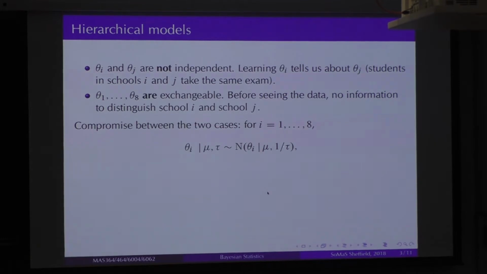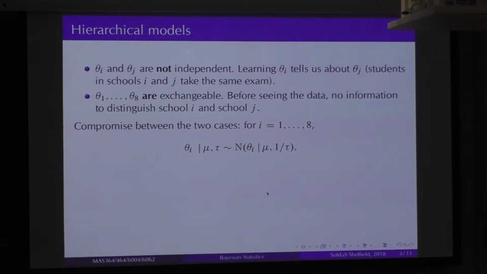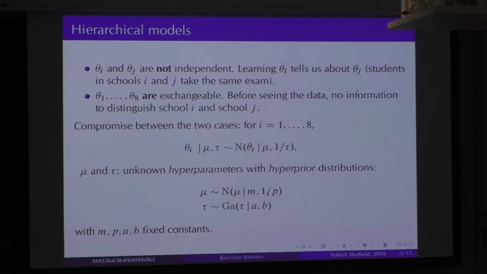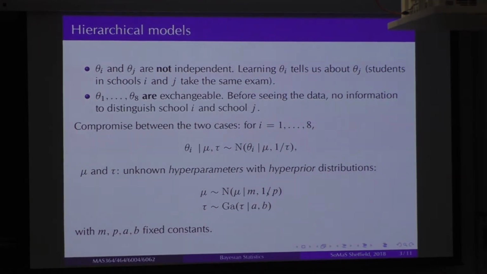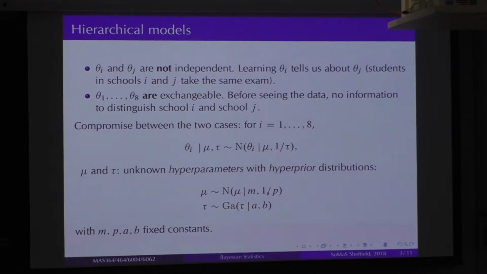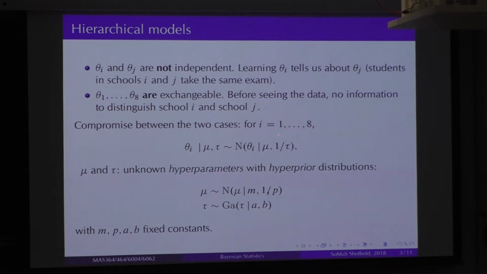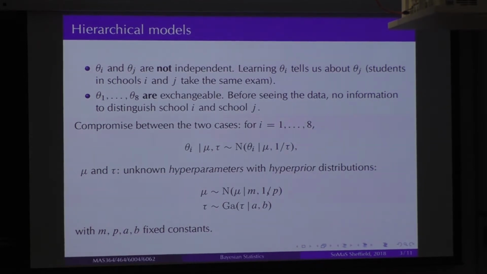So this will be the mean effect of coaching in the whole population, and that will be the corresponding precision. And out of that population, we will have individual effects. Okay? Again, we are assuming that we don't know mu and tau, again, because that is not observable, actually. We cannot observe the mean effect for all the population, but we can estimate it. So we put priors on those parameters.